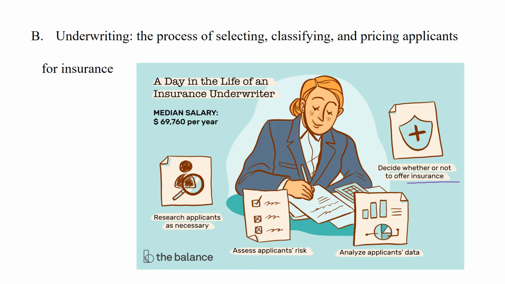Well, we already learned it. The purpose of underwriting is to reduce adverse selection. So the underwriter needs to make sure that the customer is healthy. If the customer is not healthy, well, either the underwriter rejects the application or asks this customer to pay higher insurance premiums.